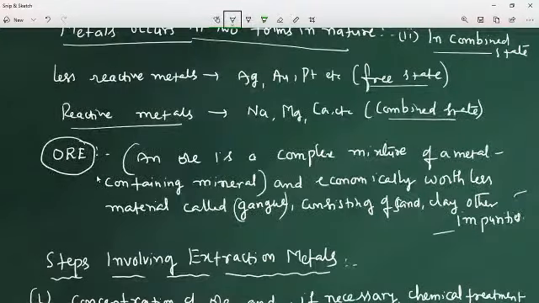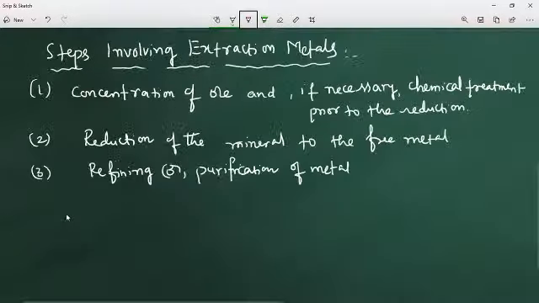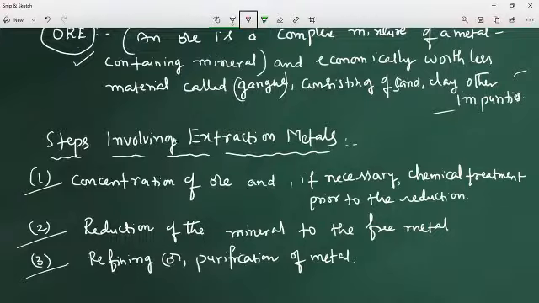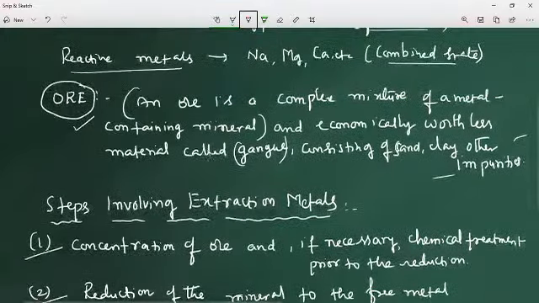The compound is nothing but mineral, and the ore is an important terminology involved in this compound state. From that, gangue particles should be separated. That separation of the gangue particles from the ore is called concentration. The first step is concentration, second step is reduction, third step is refining or purification. The entire study of these steps involving the extraction of metals is called metallurgy.